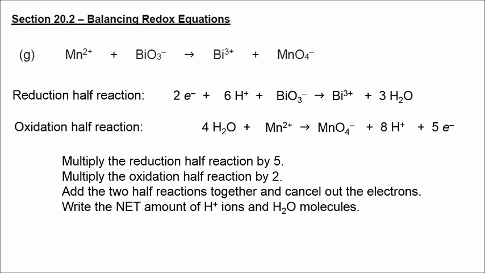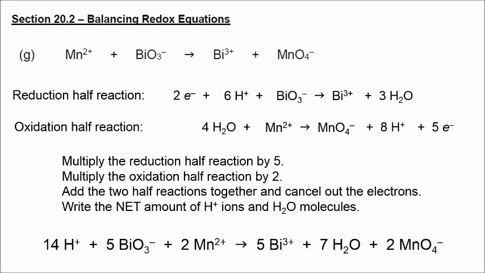And when we add the two half reactions together, we'll cancel out any extra species on either side. So for example, we're going to have 30 H pluses on the left in our reduction reaction, and we're going to have 16 H pluses on the right in our oxidation half reaction. So 30 and 16, that's going to be a net of 14 H pluses on the left.